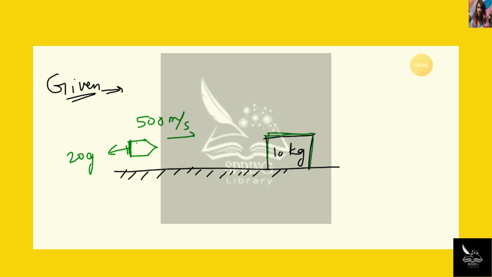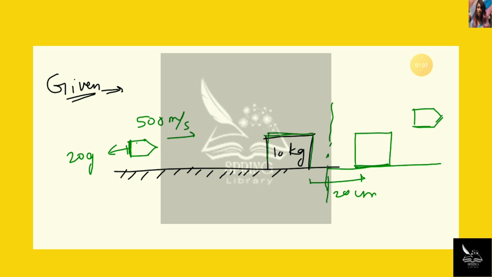After collision the block will slide by a distance of 20 centimeter, and the velocity of the bullet after emerging out from the given block is decreased to 100 meter per second.